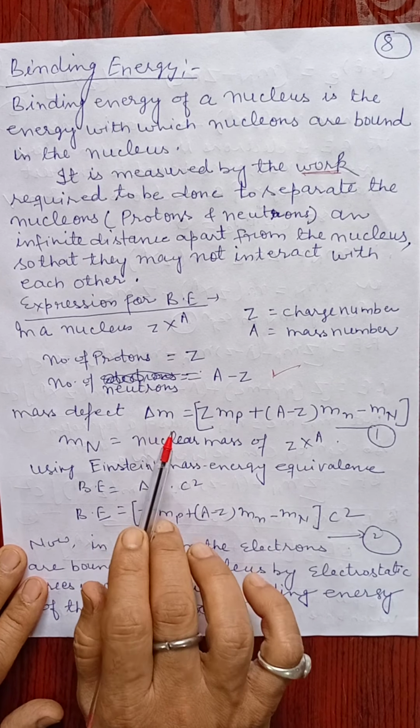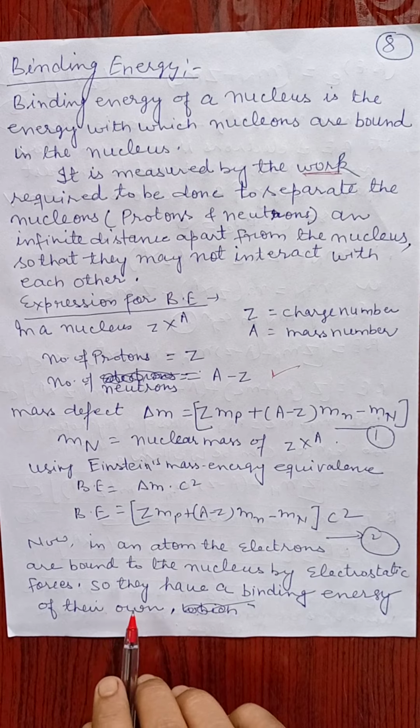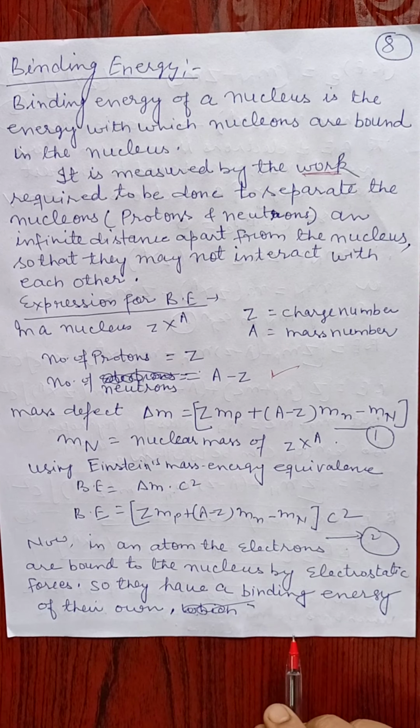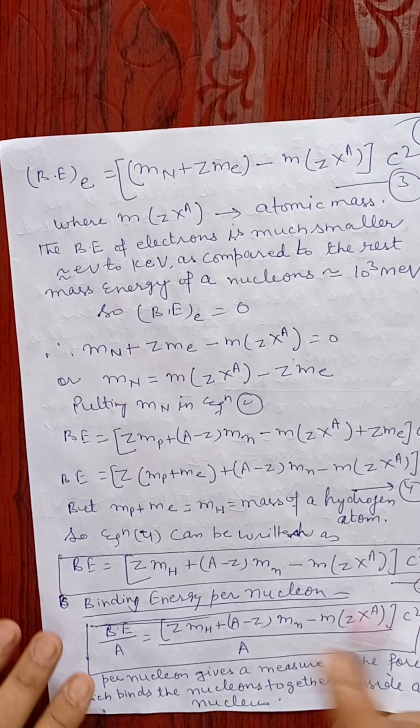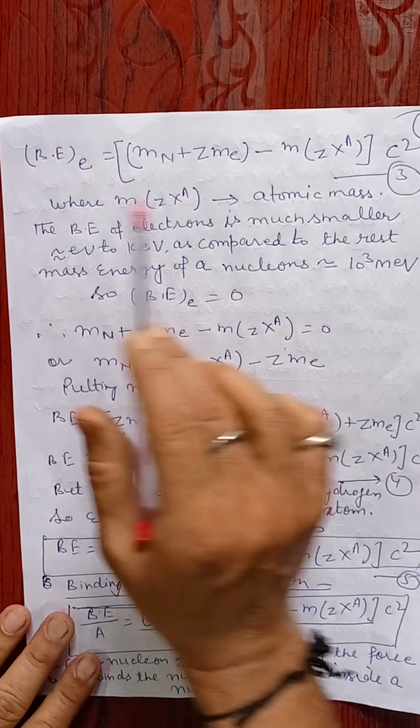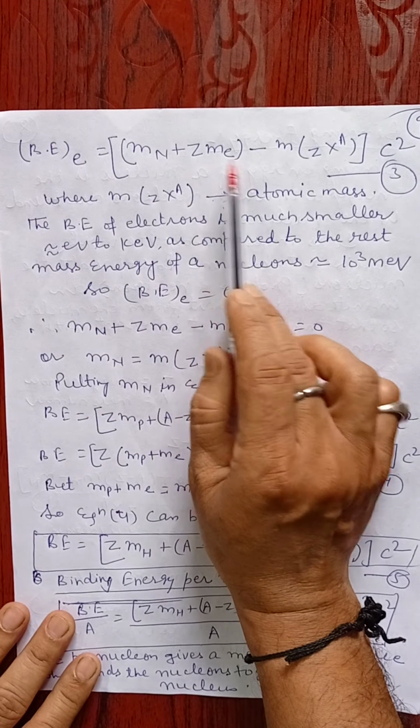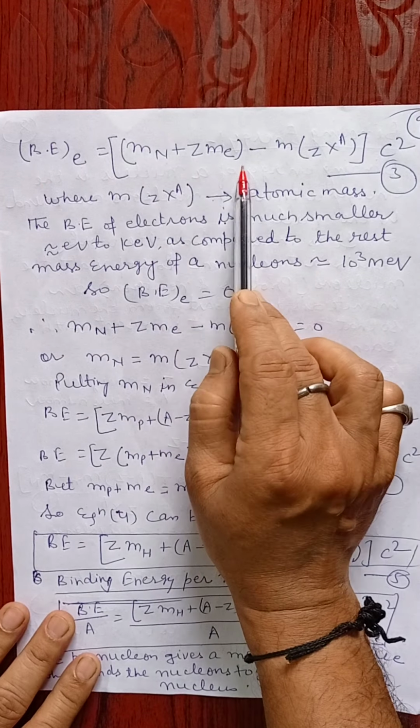Now in an atom, the electrons are bound to the nucleus by electrostatic force, so they have a binding energy of their own. The binding energy of the electrons is Mn plus Z Me, where Z is the total number of electrons multiplied by Me, minus M(ZXA), which is the atomic mass.